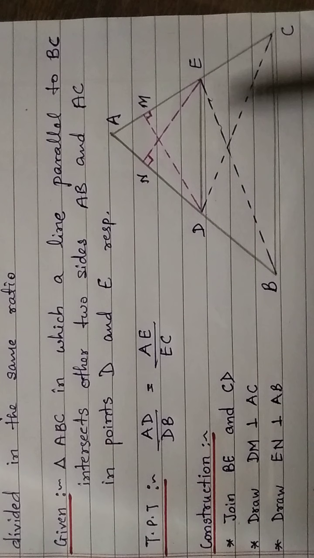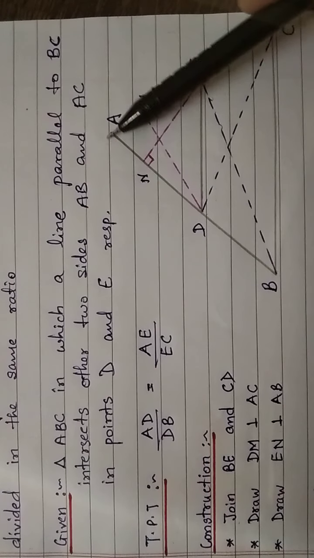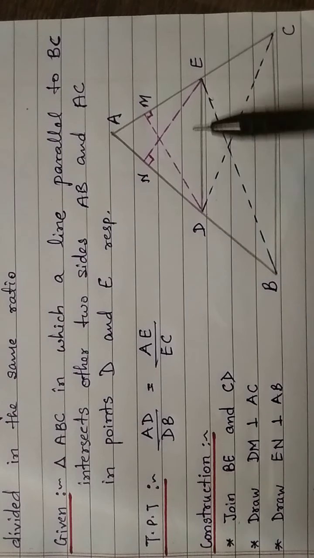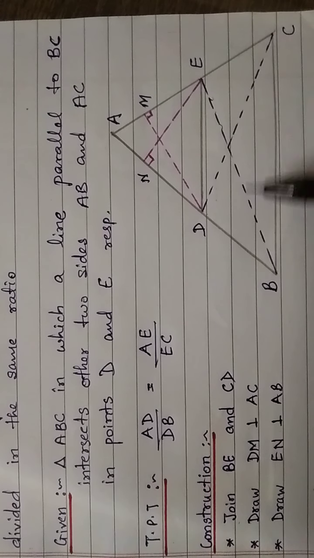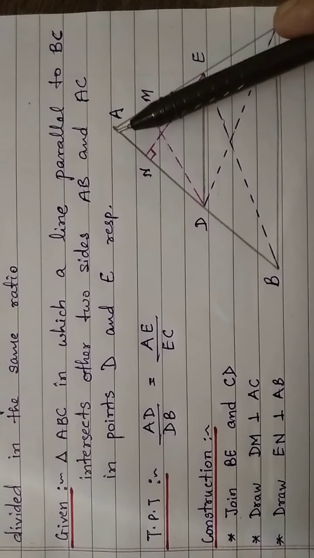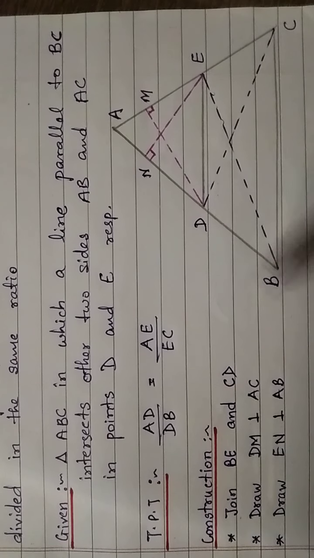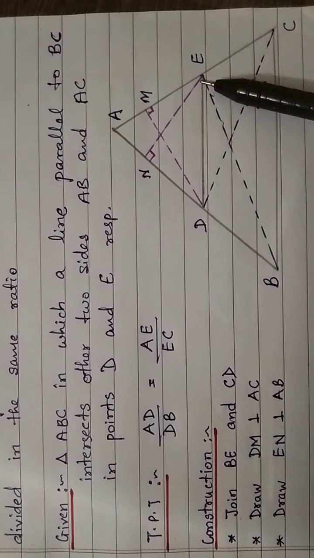Then this side DE will cut AB in two parts, AD and DB, and it will cut AC in two parts, AE and EC.